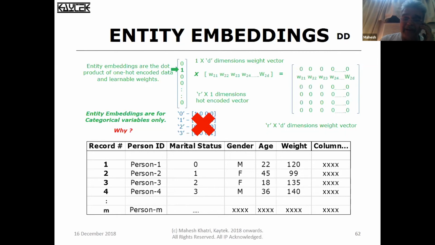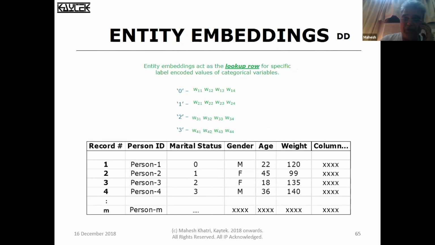If my second position is 1, this will be the matrix, and so on. So essentially, what even Jeremy has mentioned is that these entity embeddings actually act as a lookup row for specific label encoded values of the categorical variables.